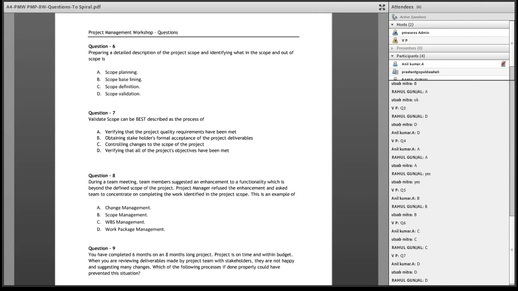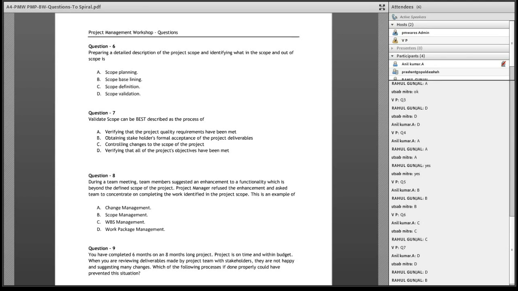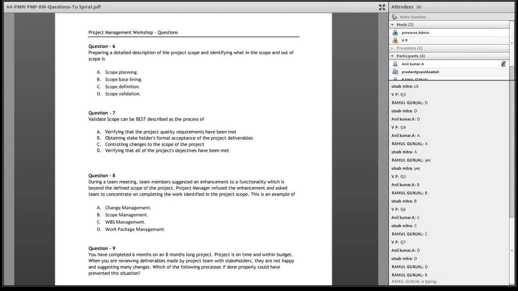I think there is quite a similarity in all the options. Either you are all wrong or you are all right. That's a little surprising. Okay, let me see. Let's read this statement. Okay, Rahul says B. Okay.